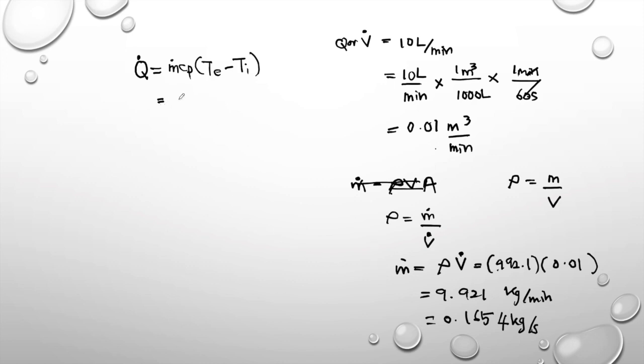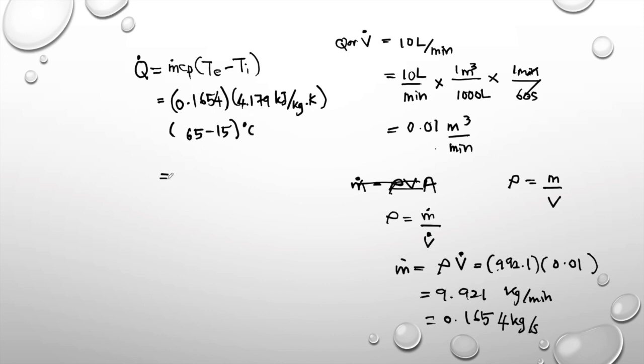Then substitute into this equation: mass flow rate 0.1654 times Cp, specific heat capacity, 4.179 kilojoules per kilogram Kelvin, times 65 minus 15.